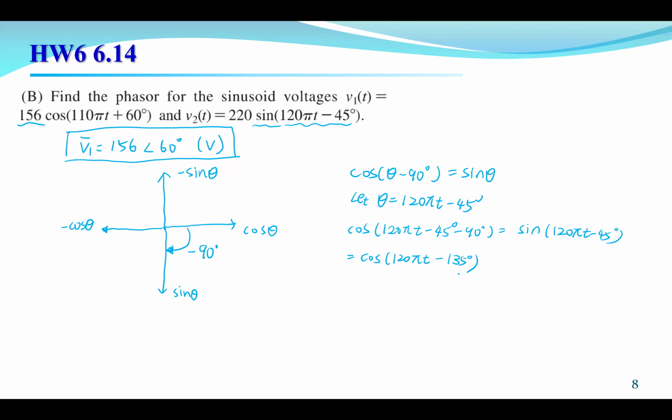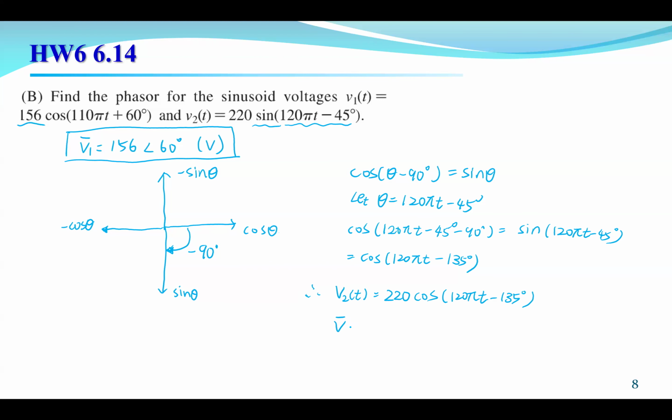Okay, so therefore the phasor V2 equals the amplitude remains the same. Let me rewrite this. So V2(t) becomes the amplitude remains the same, but sine becomes cosine, and 120 pi t minus 135 degrees.